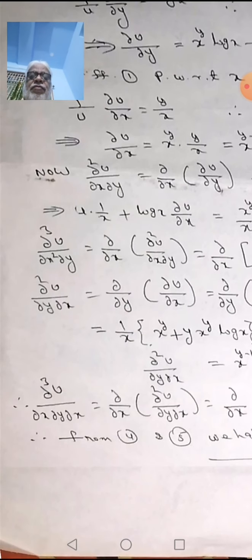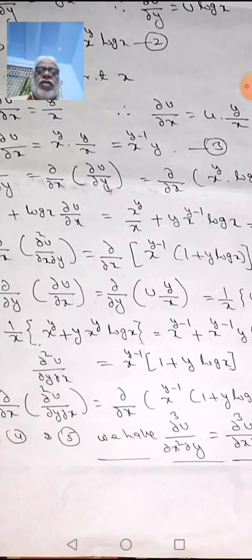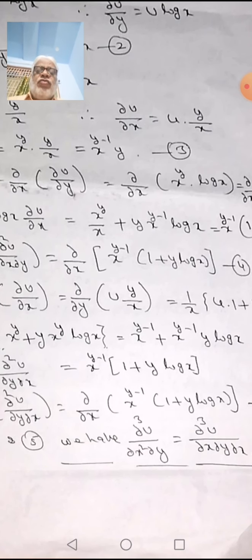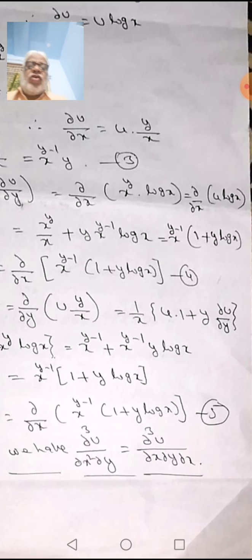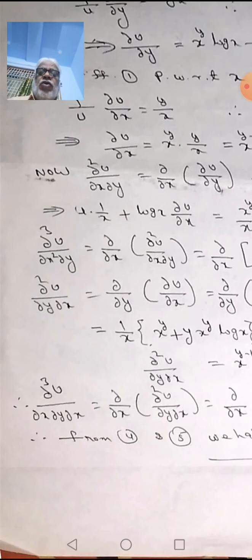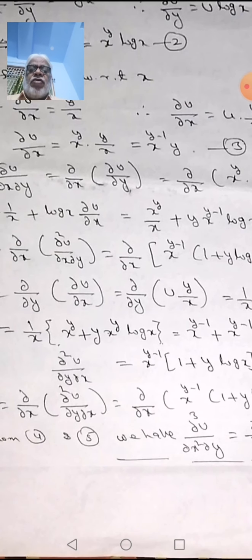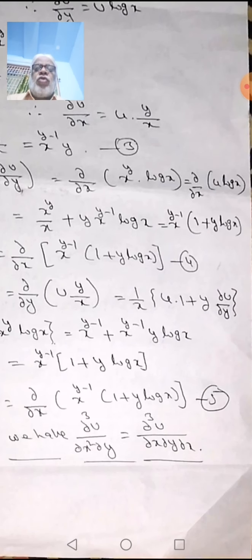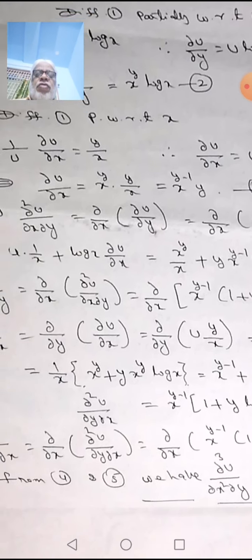That is the fourth equation. What is ∂²u/∂y∂x? It means ∂/∂y of ∂u/∂x. ∂/∂y of u into y by x, where 1 by x is constant: the first derivative of y is 1, plus y times the derivative of u, which is ∂u/∂y. So that is ∂²u/∂y∂x. Here 1 by x is constant, and u is x power y plus y x power y log x, because ∂u/∂y is, in the first equation, x power y log x.